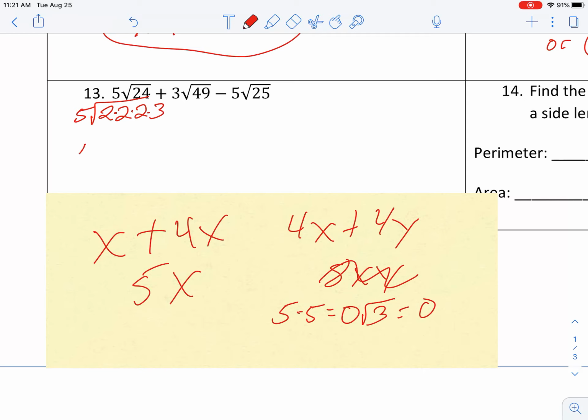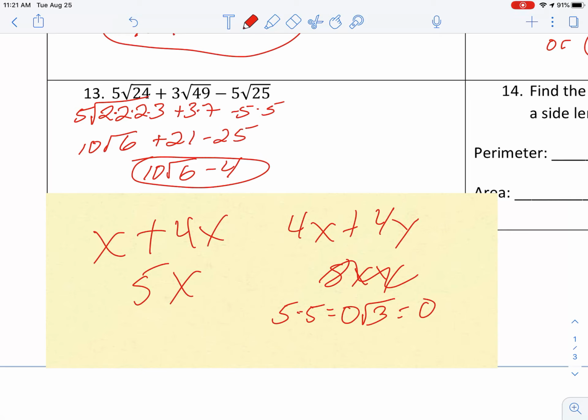So that gives me 10 root 6. 49 is perfect. 3 times 7 is 21. 25 is perfect. Square root of 25 is 5. And what's 5 times 5? So I have like terms. 21 minus 25. 10 root 6 comes on down, and 21 minus 25 is negative 4. All we can do, those are only like terms.